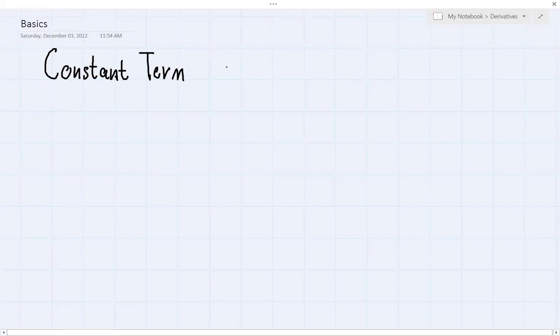Okay, let me give you an example. Di ba meron tayong polynomial ng x squared minus 2x plus 1. Itong si 1, di ba, it is just a number. So this number is a constant term, because this term has no partner.